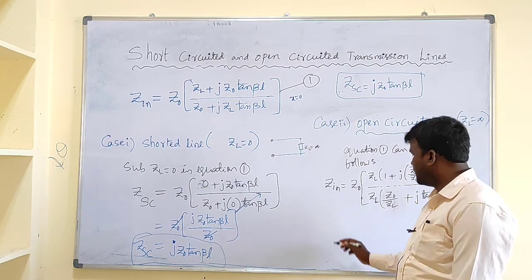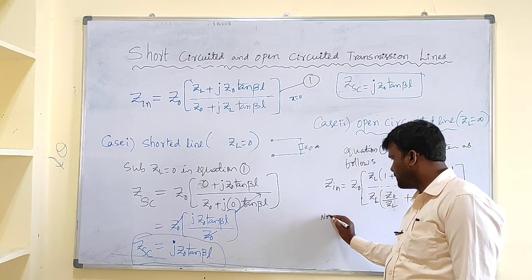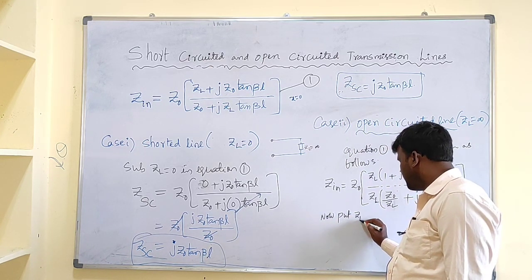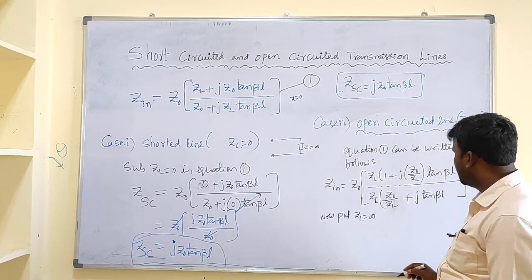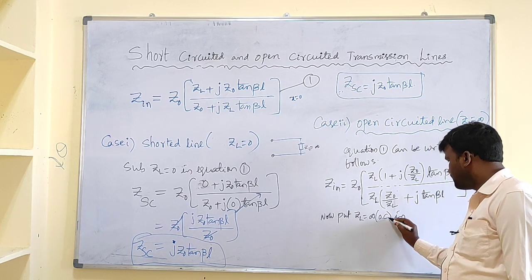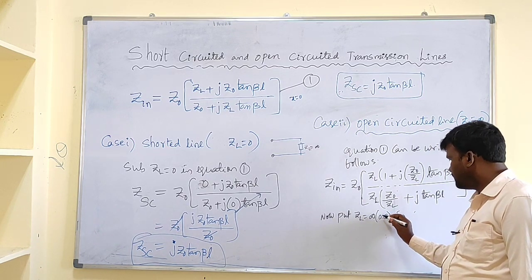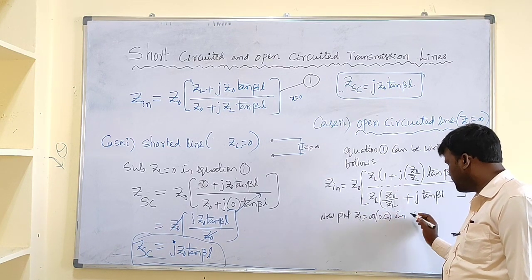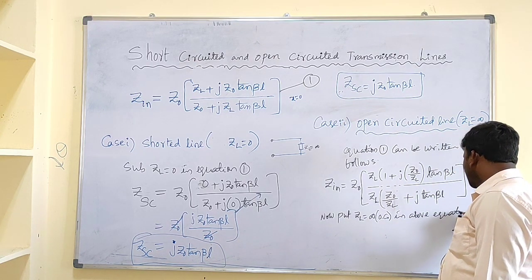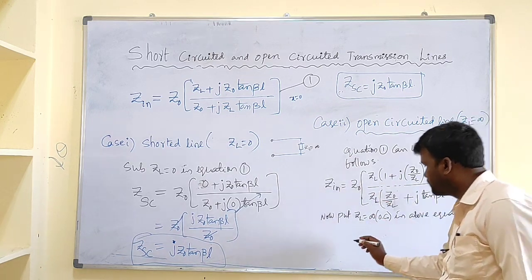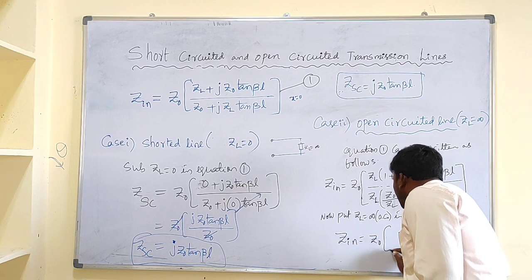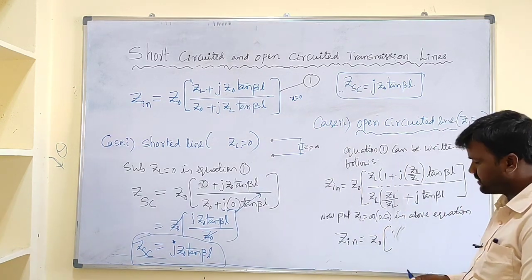Now put ZL equal to infinity in the above equation, that is open circuit. If you substitute ZL as infinity, we will get ZIN, Z0, ZL cancelled out.